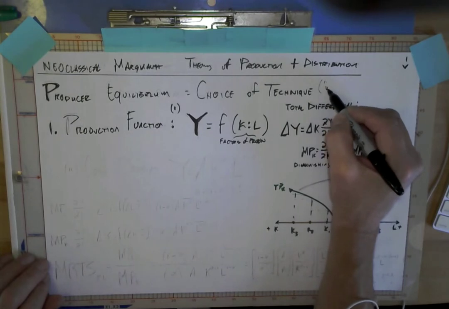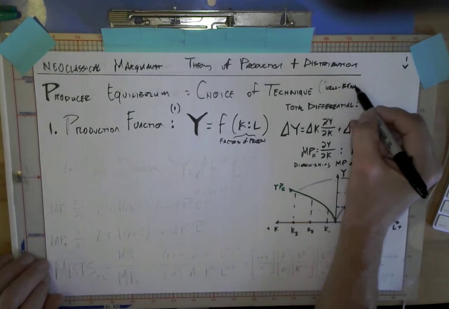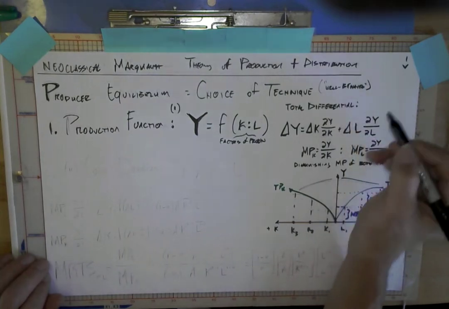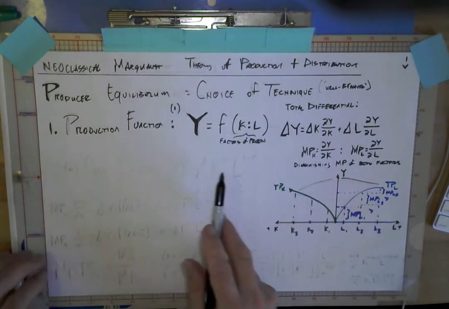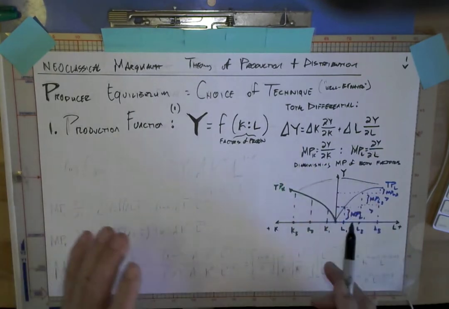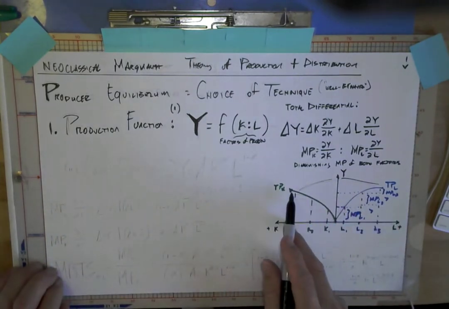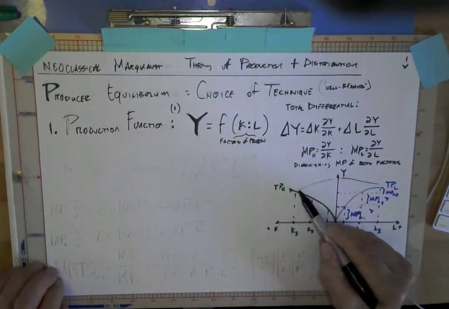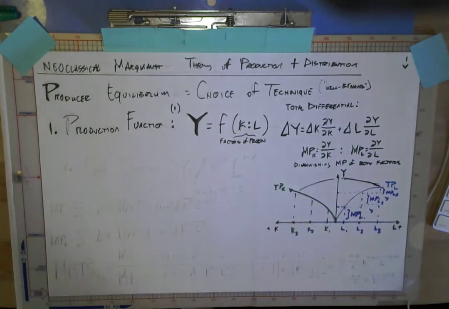We're going to talk more about what it means to be well-behaved in future lessons. Well-behaved means the function has nice properties: diminishing marginal productivity, so diminishing marginal product of capital and diminishing marginal product of labor, and when you put the two together, a nicely shaped, well-behaved concave production function, whereas preferences would be convex.